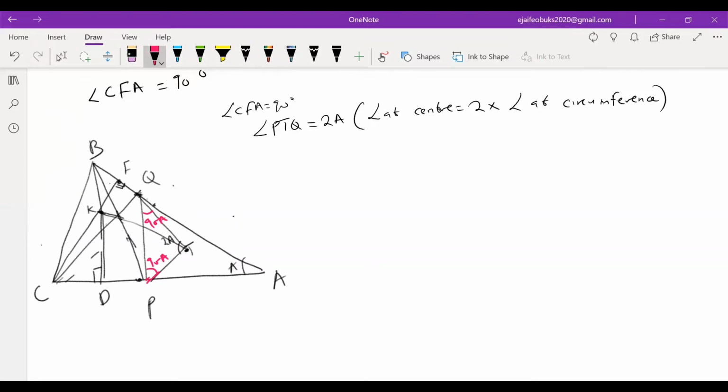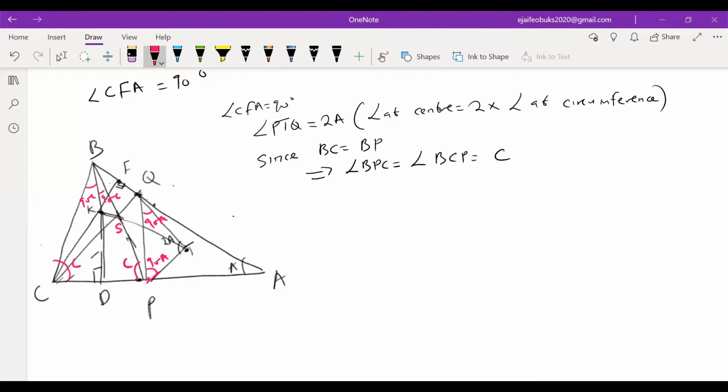Since BC is equal to BP, then angle BPC is equal to angle BCP, which is equal to C. So this is also C. This is C. This is 90 minus C. 90 minus C. Okay, so far so good.